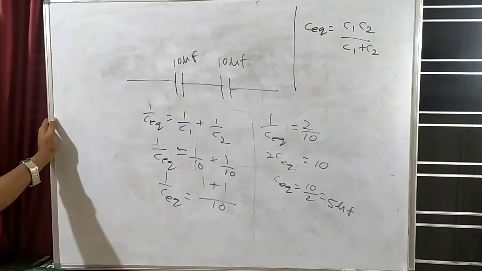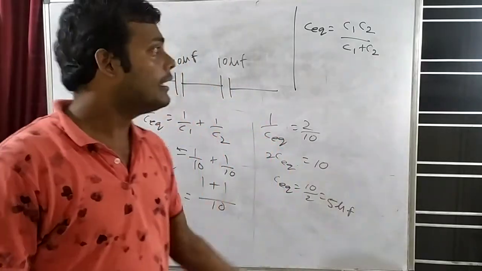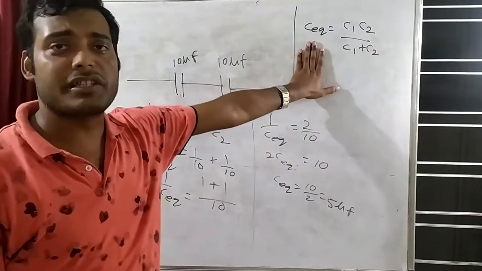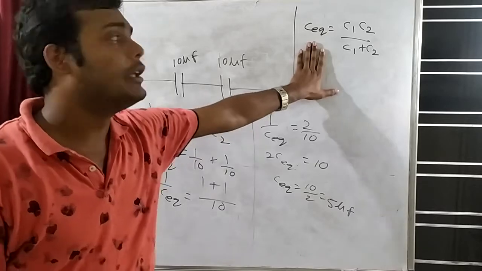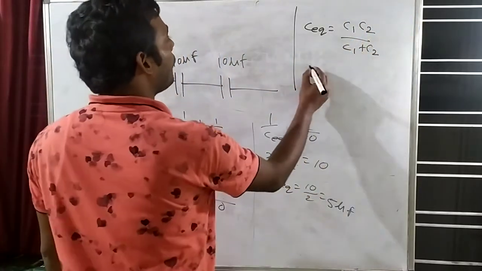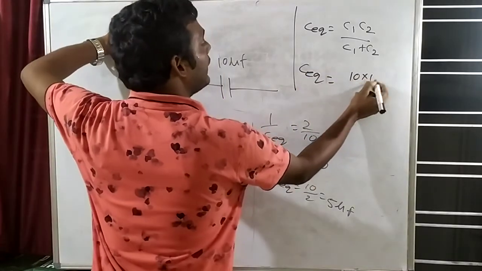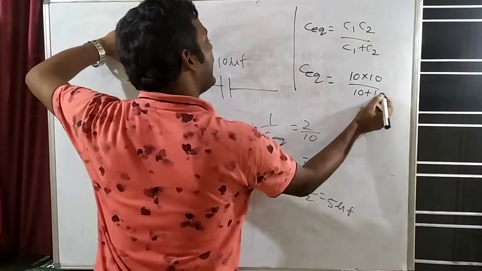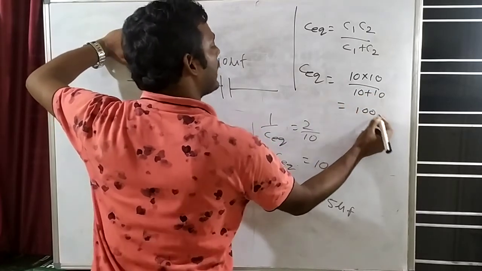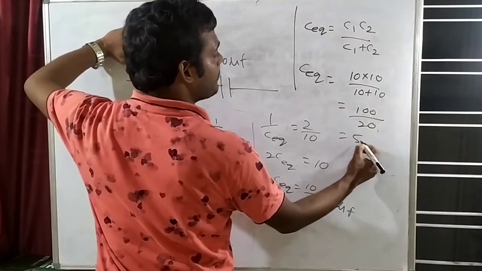Again see my condition: when two capacitors are connected in series, their equivalent capacitance you can directly calculate using the formula C1 into C2 by C1 plus C2. So C equivalent is equal to 10 into 10 divided by 10 plus 10. So 10 into 10 is 100, divided by 10 plus 10 is 20. That means 100 by 20 means 5 microfarad.